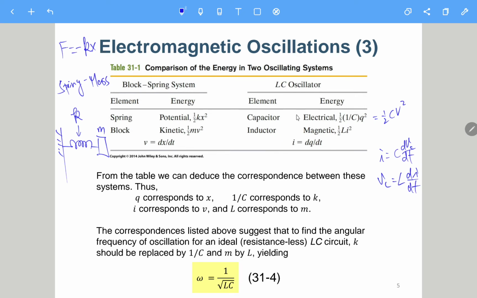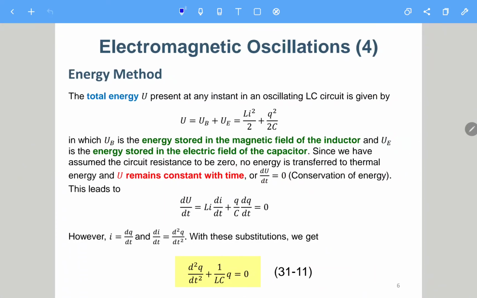So we may not need to derive it again. And the oscillation frequency of the LC circuit is nothing but omega equals 1 over the square root of LC.